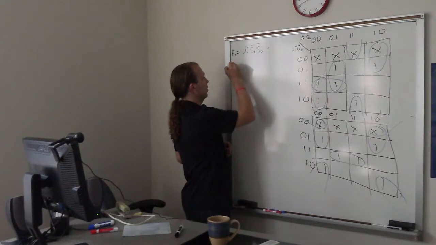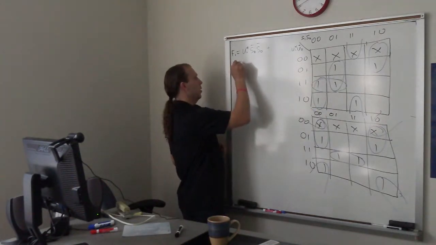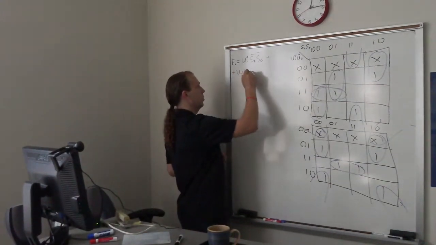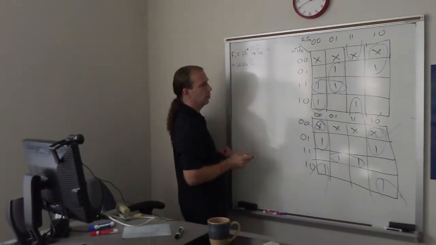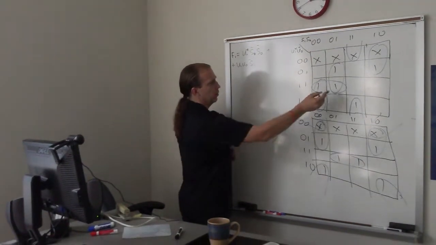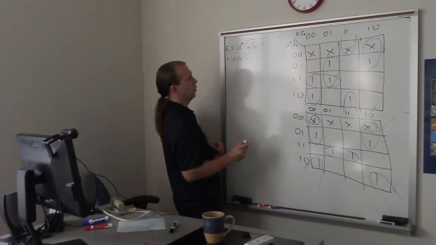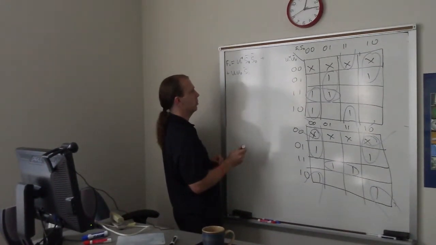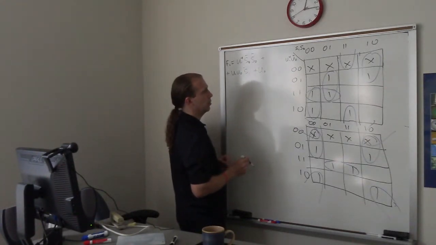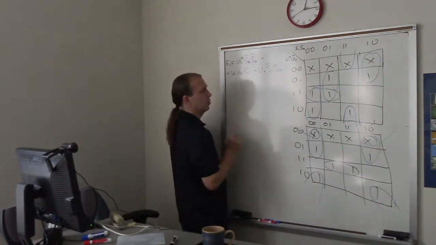Now for this cluster, it will be U1, U0, not S1, because for both values, S1 is 0. For this cluster, it will be U0 not inverted and S1 inverted, S0 not inverted.